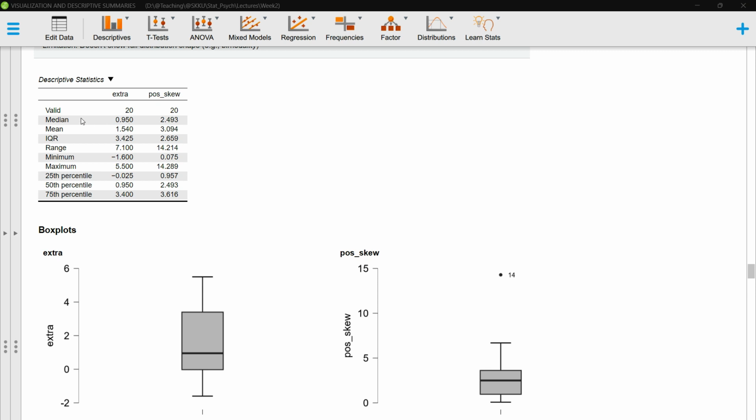So the median value is 0.95 and about 2.5, and because these are intentionally generated to have the positive skew, the mean value is toward the larger values from the median.